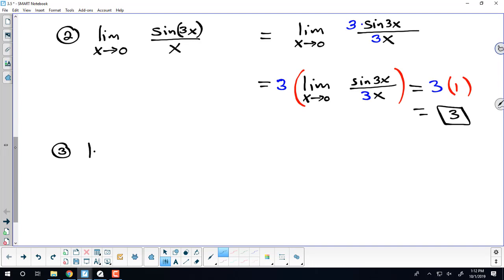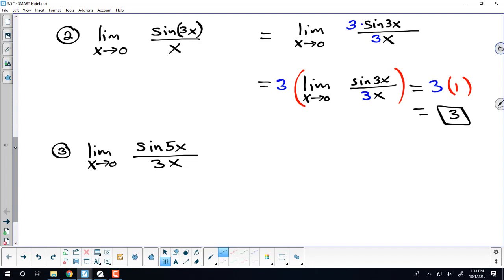Okay, another variation. How about the limit as x approaches 0 of sine 5x over 3x? Any ideas for that one? Yeah.